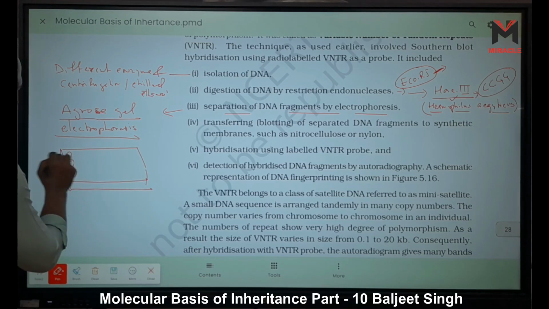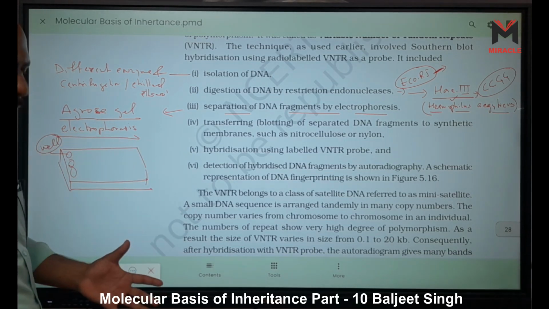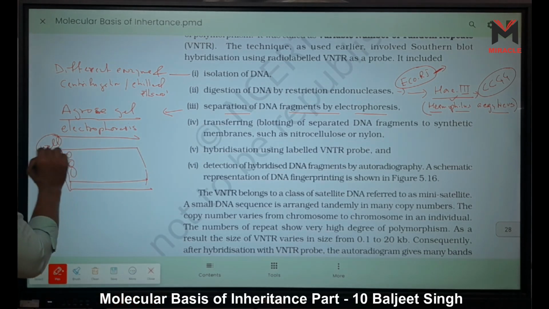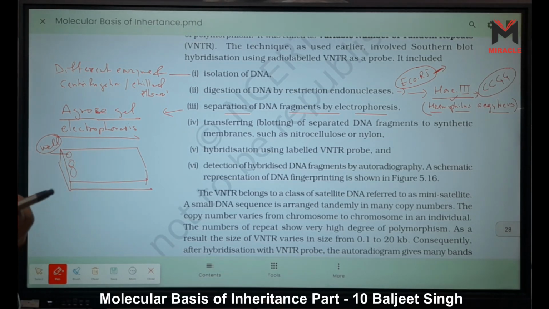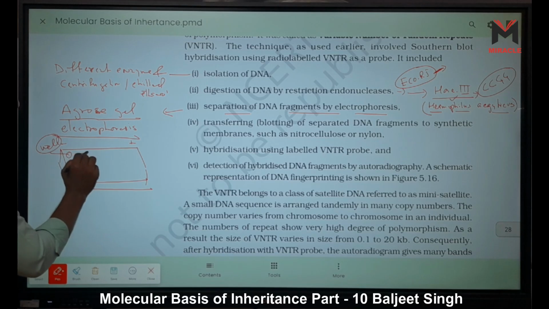These are called wells. Well means it is a tank, where very small dips are there. Here we load this DNA, right? DNA is pulled into this one. Then what happens? This side it is negative, this side it is positive. Now because DNA is negative, DNA moves from this side to this side.